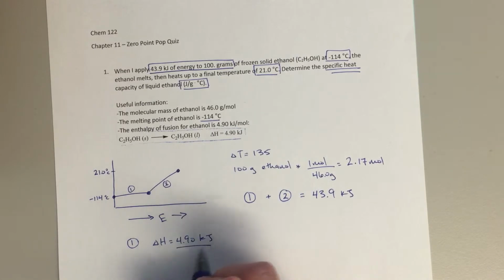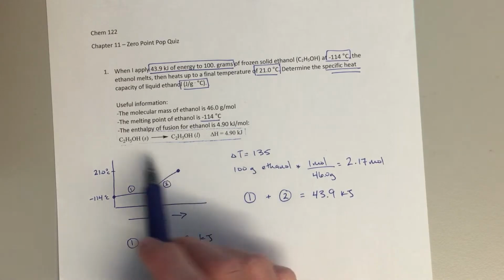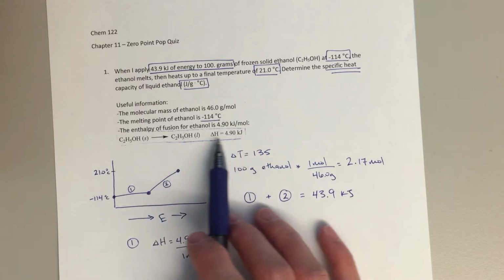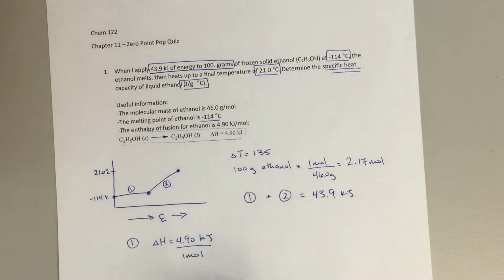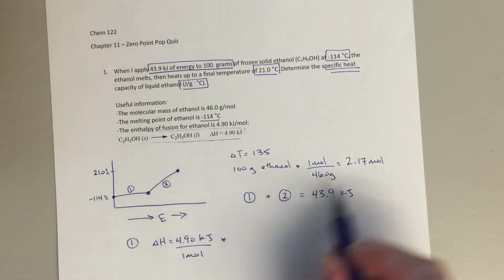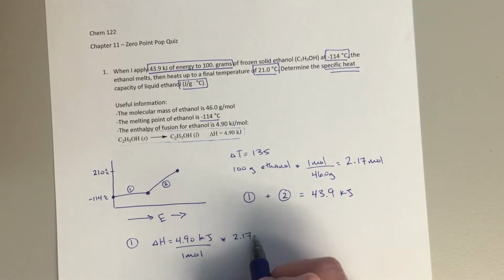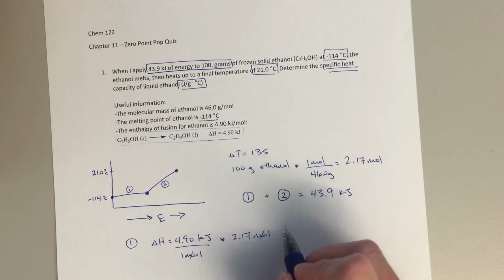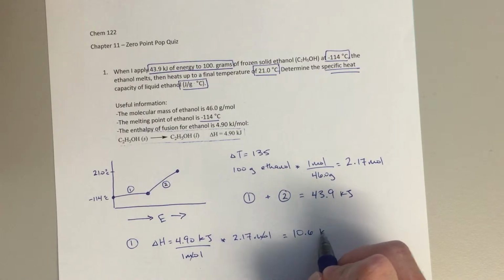And that's per mole, so that's per 1 mole. Here I've got 1 mole of solid ethanol going to 1 mole of liquid ethanol. That's my enthalpy, that's the amount of energy it takes to do that. So if I multiply that by my number of moles, 2.17 moles, moles is going to cancel, and that gives me 10.6 kilojoules of energy.